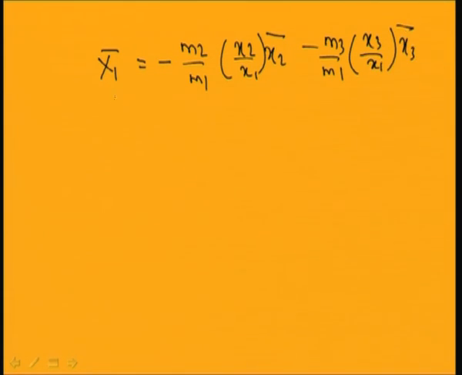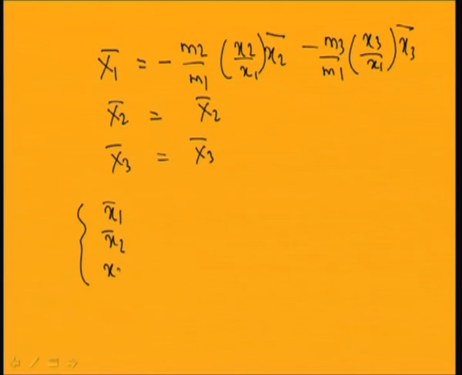Now, I will write x2 bar equal to x2 bar and x3 bar equal to x3 bar. So I can write the left side as x1 bar, x2 bar, x3 bar. This is the assumed mode I am taking now.